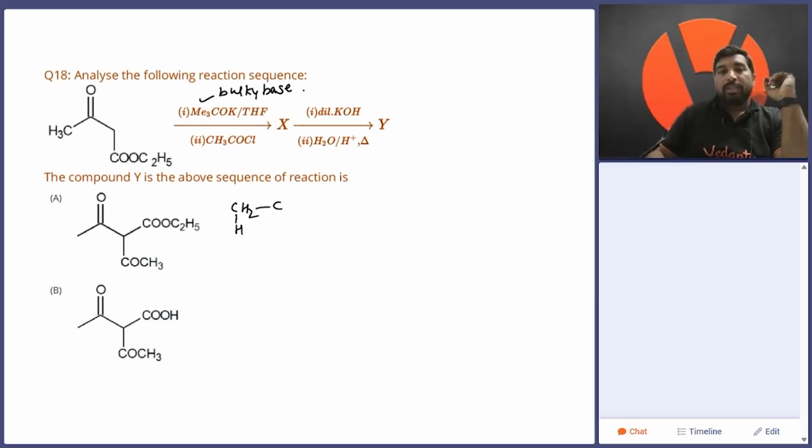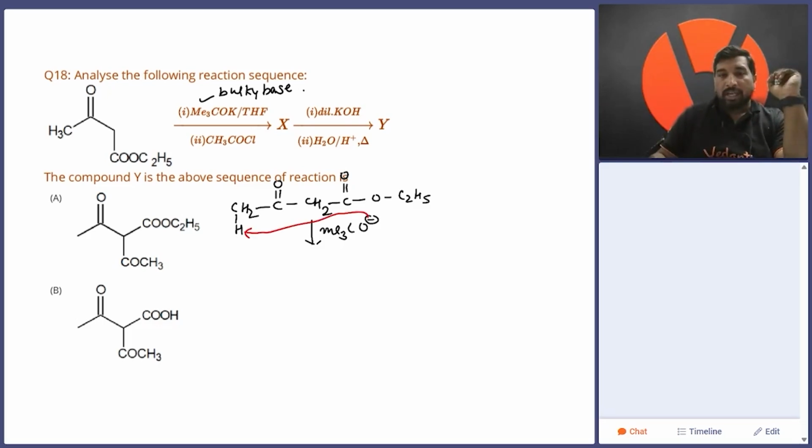H3C, then C double bond O, CH2, C double bond O, and OC2H5. It will react with this bulky base, that is Me3CO minus. This bulky base will abstract the H+ ion from the less hindered side, and the less hindered side is the outside CH3, the left corner CH3.